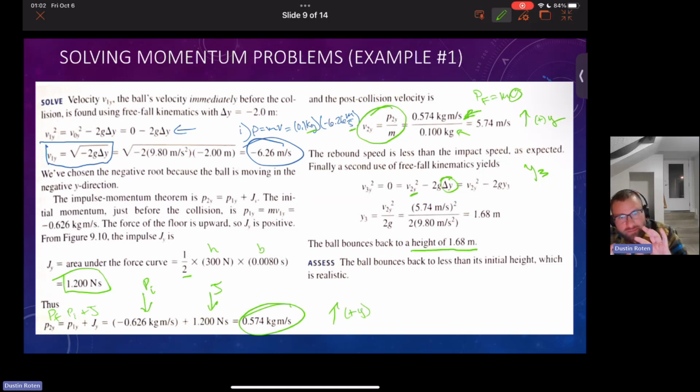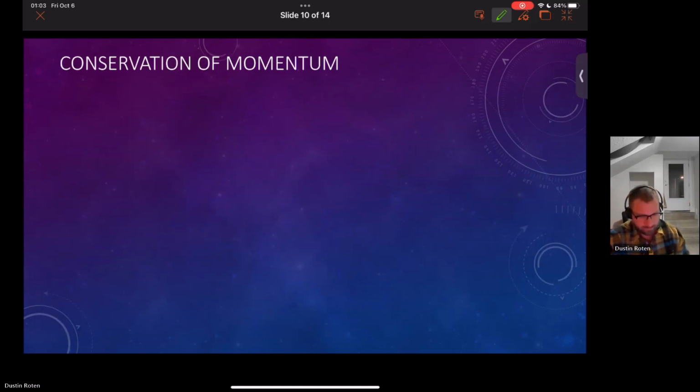I want to emphasize the momentum parts and not the kinematic equation parts. So I do encourage you, if you want to pause this, go through some of the algebra, refresh yourself on the kinematic equations if you need to. But the main takeaway here is literally just the impulse momentum theorem, because that's at the heart of this problem.